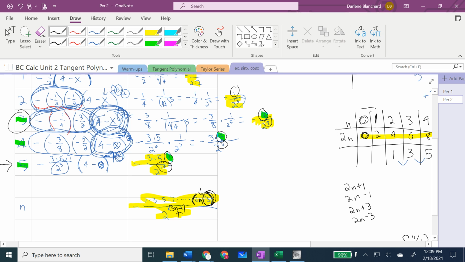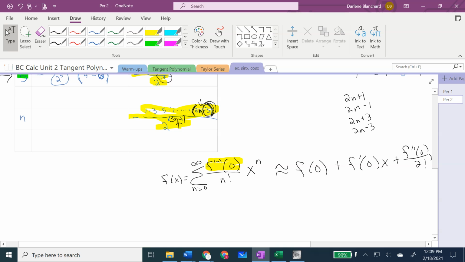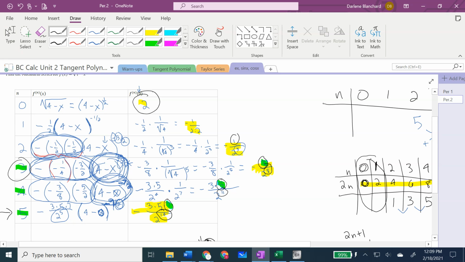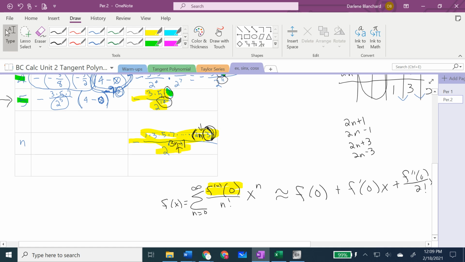I cannot use this formula for those first two, but I can start it when n is equal to 2. So what I can do is f of 0 is 2. The first derivative at 0 is negative 1/4. So 2, negative 1/4.